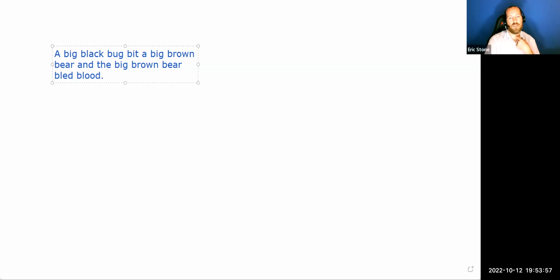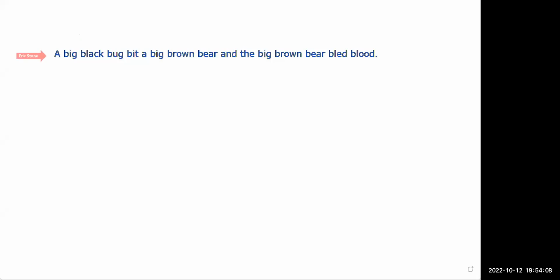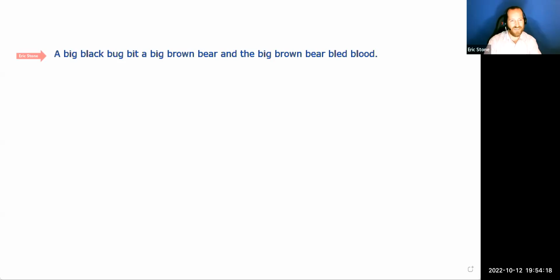This is the B sound. So it's: A big black bug bit a big brown bear, and the big brown bear bled blood. A big black bug bit a big brown bear, and the big brown bear bled blood. Nice, there you go. Good job.